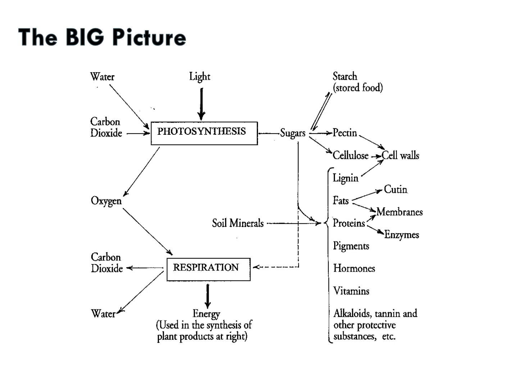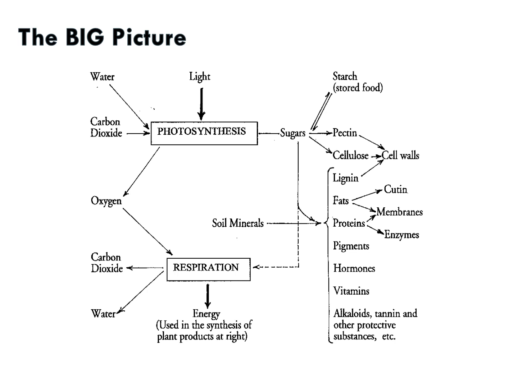This is what I like to call the big picture. This shows the relationship between photosynthesis and respiration in plants. If you look at the box labeled photosynthesis, the arrows that point into the box are the inputs. Arrows that come out of the box are outputs.